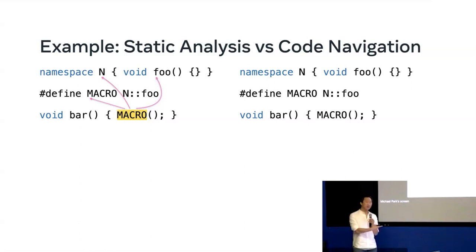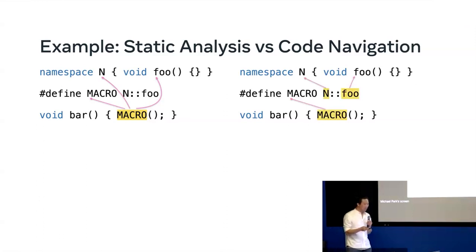But imagine if you command-clicked on the macro and you got three options from the IDE saying, do you want to go to macro, n, or foo, right? You'd be like, take me to macro. What do you mean n or foo? Why are you even asking me that, right?